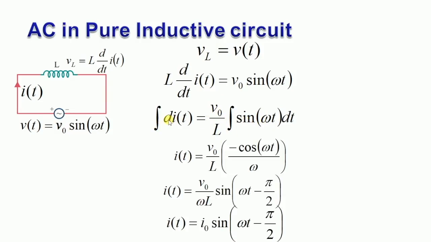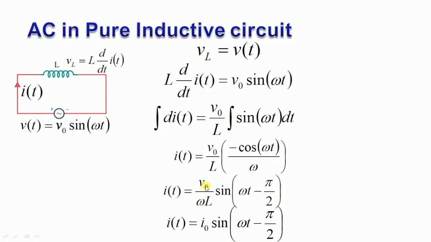So integration dx we write x, so integration dI of t is I of t, that is equal to V0 upon L. Integration of sin of omega t is minus cos omega t upon omega. Now this minus sign can be sucked in, and we can write the same expression using a trigonometric identity, sin of omega t minus pi by 2.